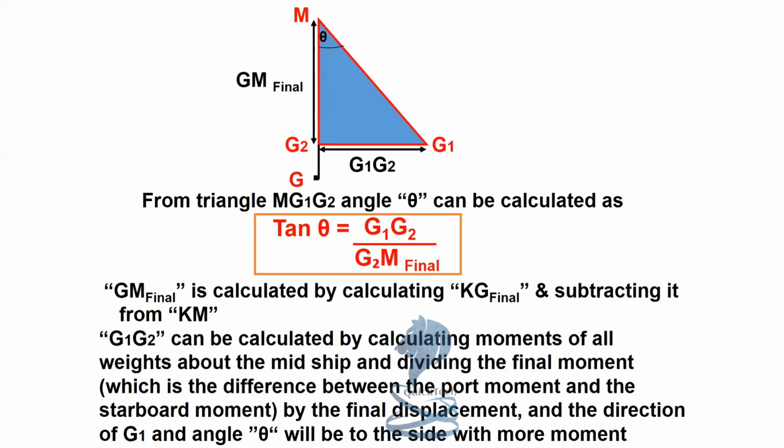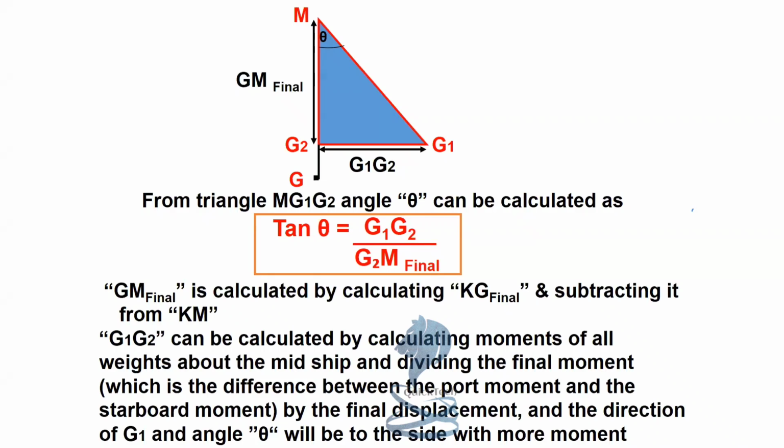G1 G2 can be calculated by calculating moments of all the weights about the midship and dividing the final moment, which is the difference between the port moment and the starboard moment, by the final displacement, and the direction of G1 and angle theta will be to the side with more moment.